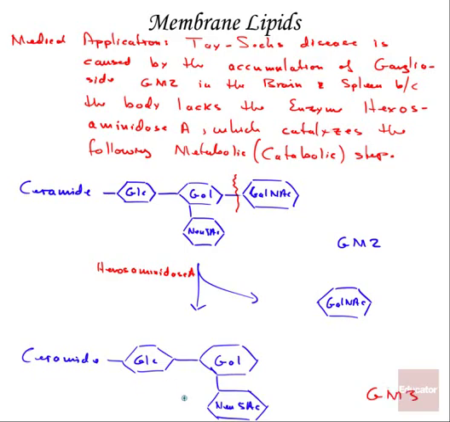And of course this one goes on in further metabolic steps. We remove this one, the galactose, the glucose, and finally we end up with ceramide, and the ceramide can go and do what it does. If hexosaminidase is not available, if the body lacks this enzyme, this metabolic step can't take place. If it can't take place, this molecule ends up accumulating in the brain and spleen, and this is what causes Tay-Sachs disease.